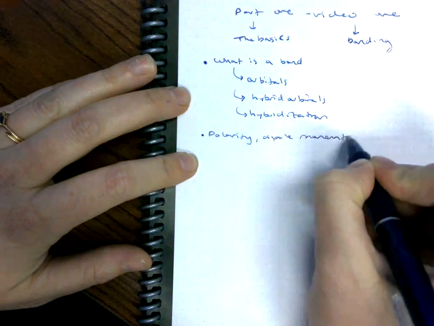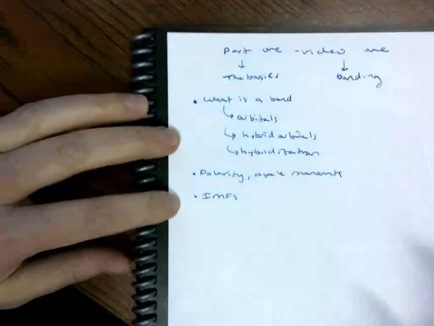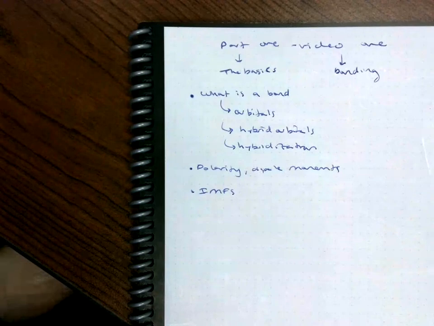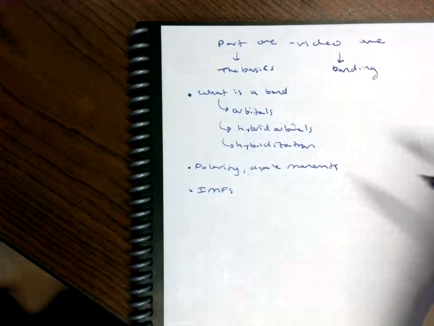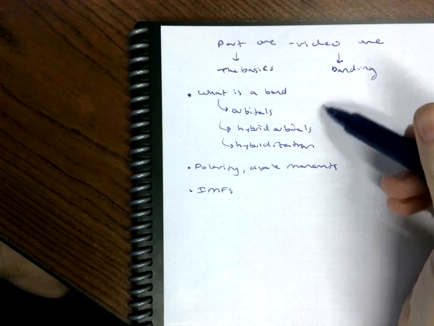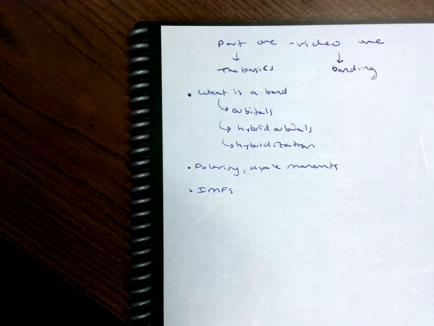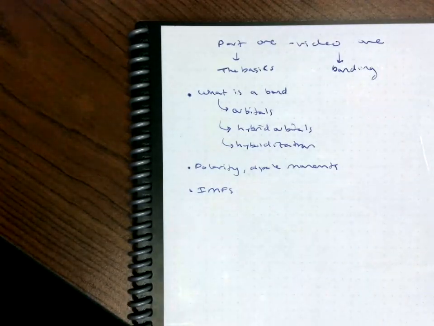And then we'll talk about intermolecular forces. I'm going to do an overview of that in today's video, just to get us started back with the basics. So I'll talk about what a bond is, and then how we can identify which hybridization the molecule is, because that comes up a lot in organic chemistry too.